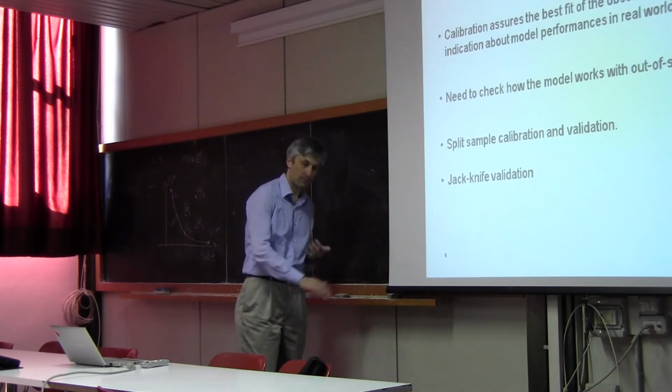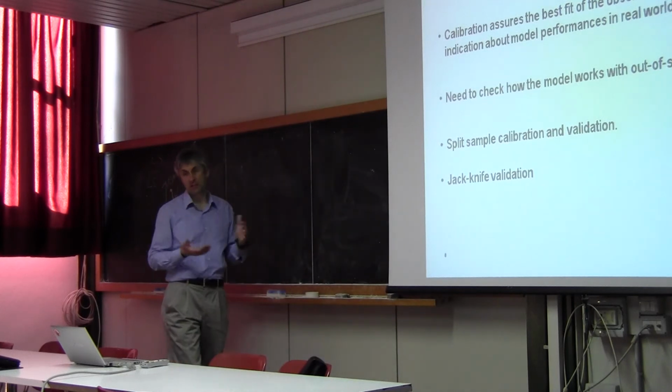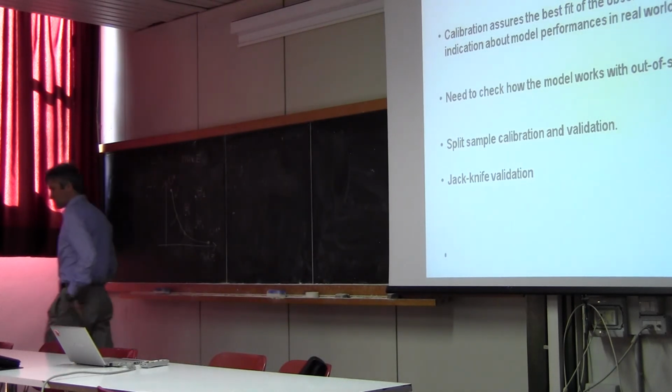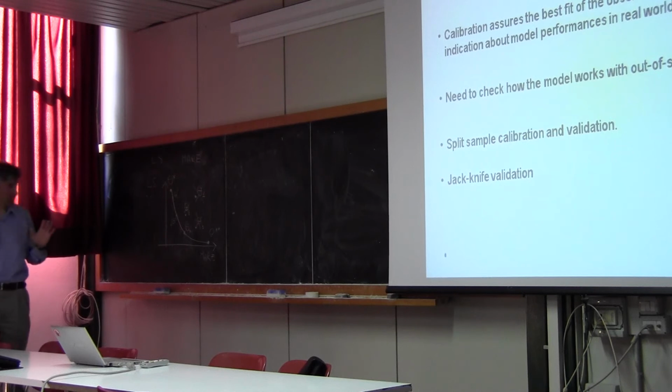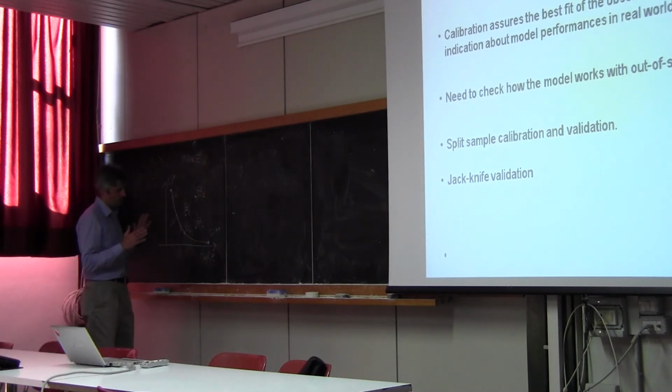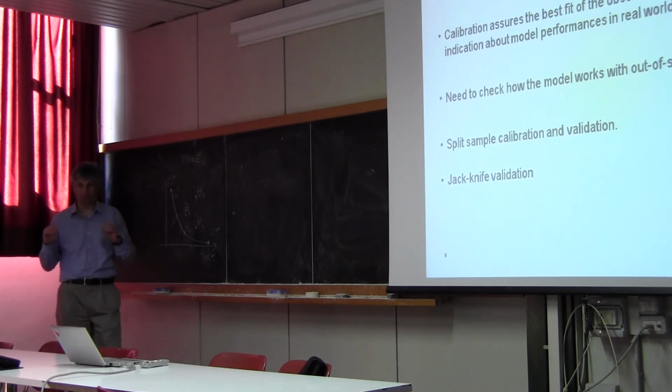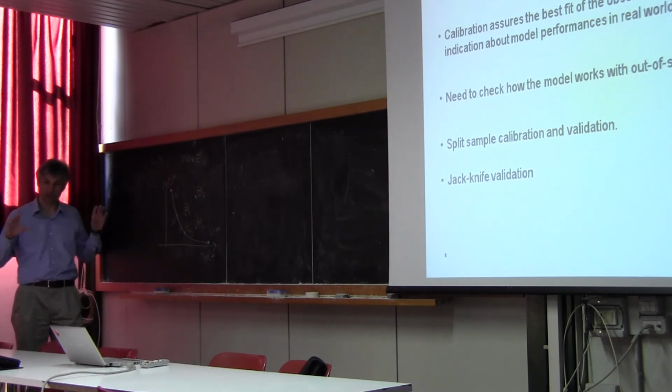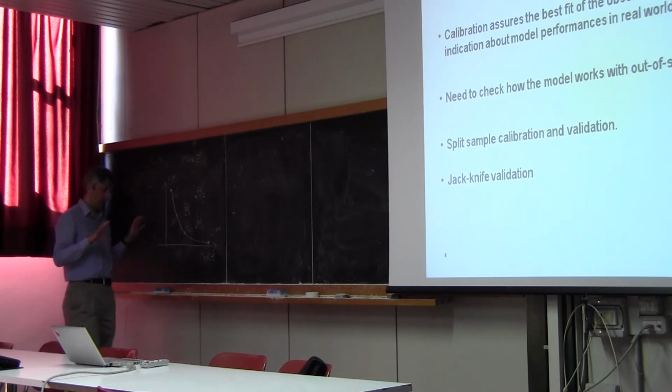Now let's move another step, and let's refer more specifically to the issue of checking the model performances, and therefore checking what is the best parameter vector with respect to extrapolation.